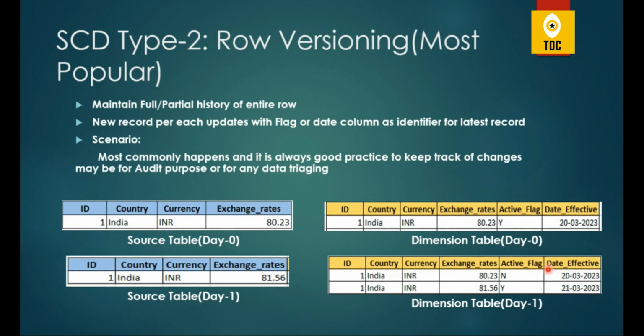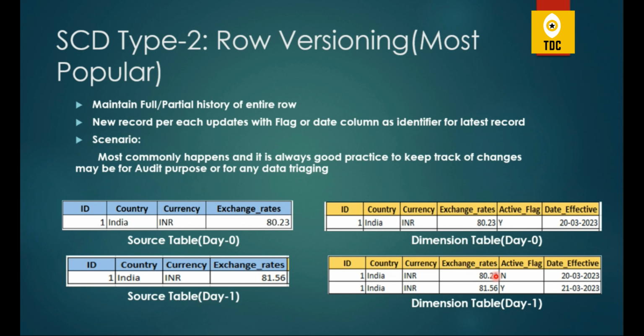And you can see the date effective. The advantage of this is that at any given point of time you are able to identify the latest record, and also keep track of the entire history, what the interest rate was on a particular day. If someone asks for any audit purpose or data triaging purpose, you can look in this table, using the date effective column, and see what the exchange rate was on that particular day.